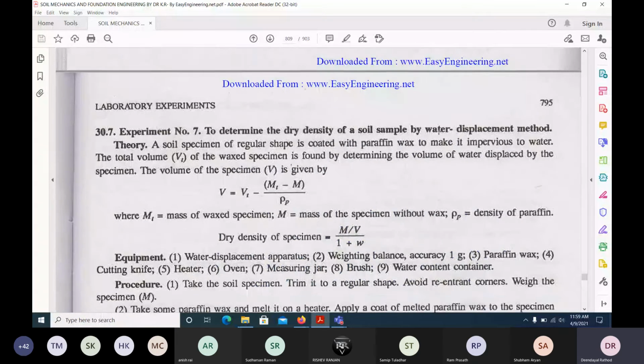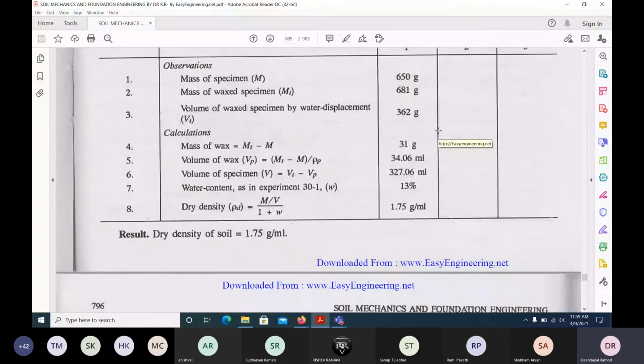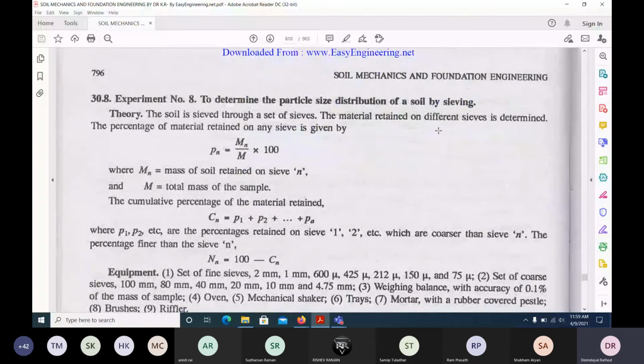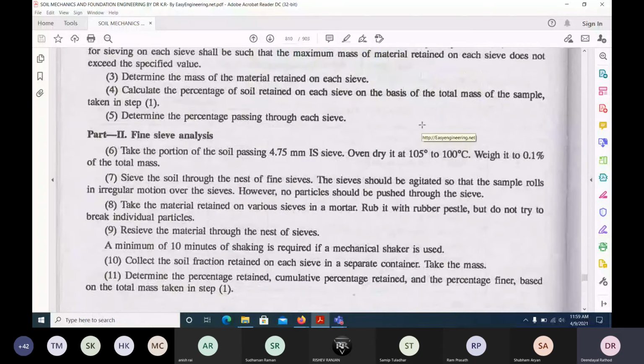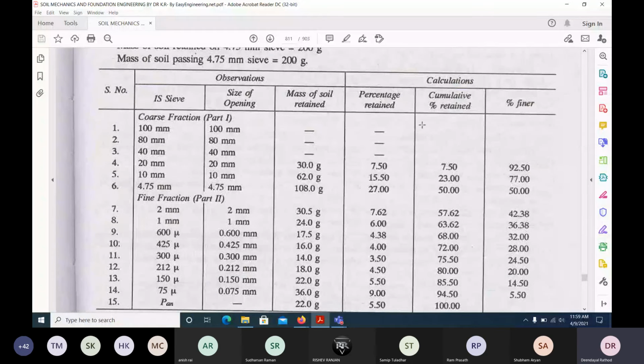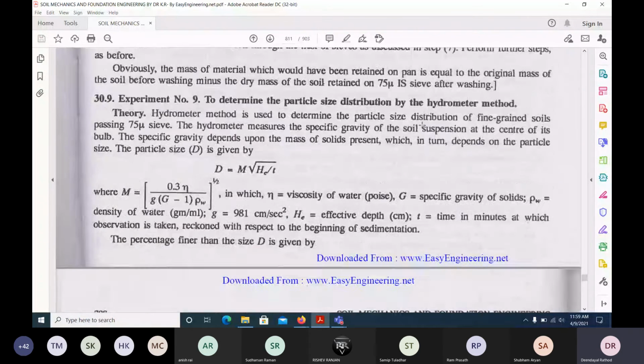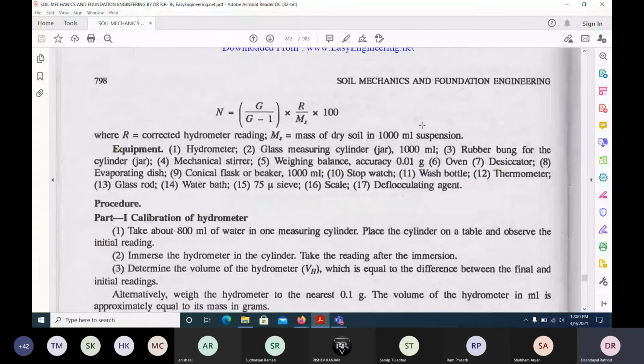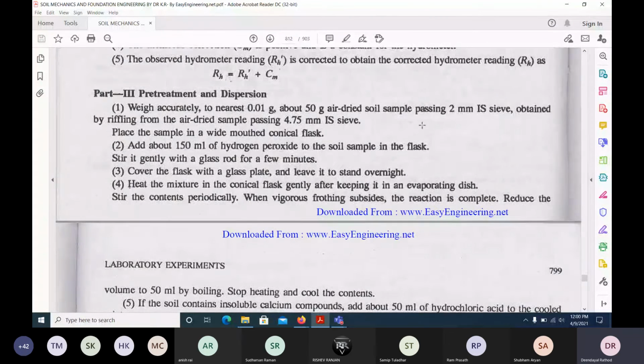The density of a sample can also be determined by water displacement. Then particle size distribution by sieve analysis: plotting graphs of mass retained and percentage retained, calculating cumulative retained and so on, with percentage finer on the y-axis and particle size on the x-axis, and we can plot these graphs.